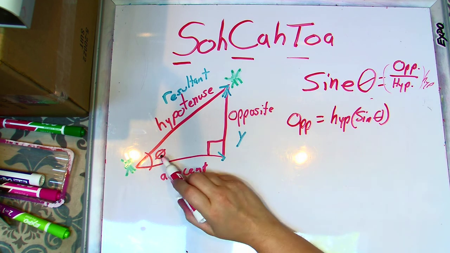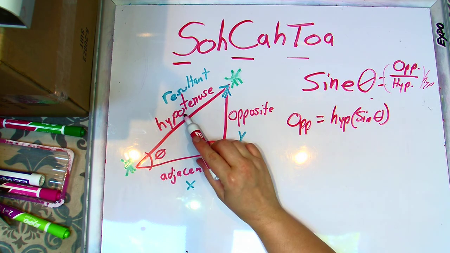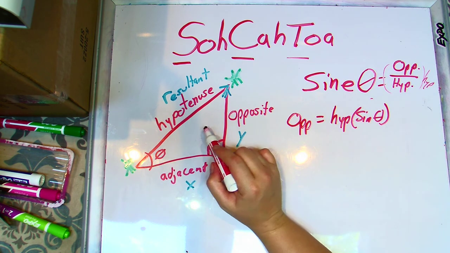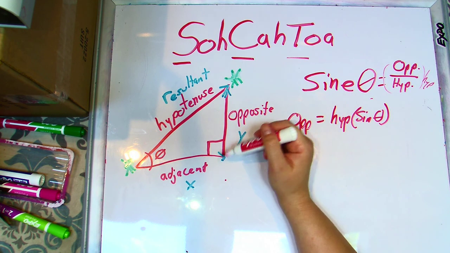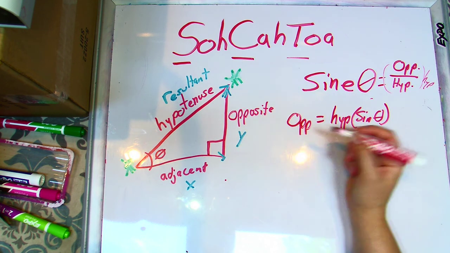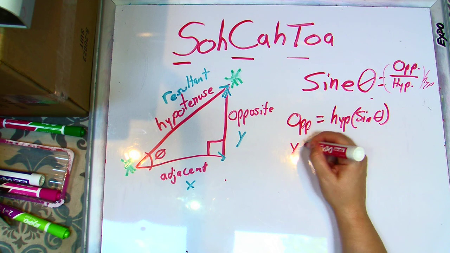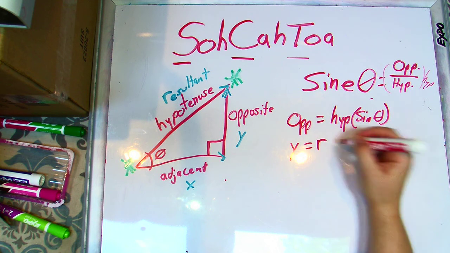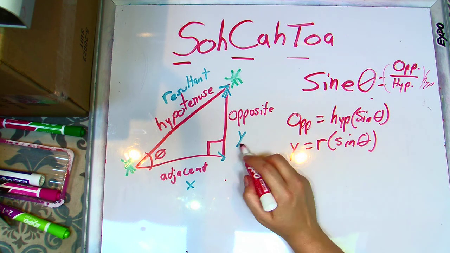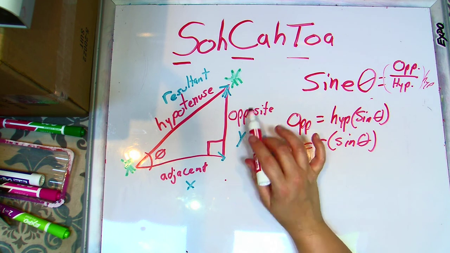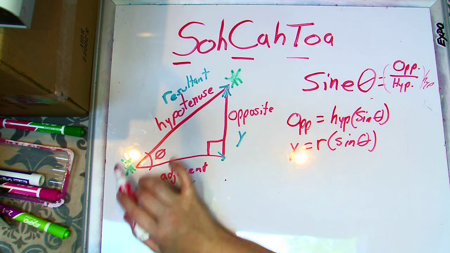So if I know the angle and I know the resultant, I can figure out the length of this side. So how much was the vertical displacement? You can also think of that as y equals r times sine theta. Because y is the vertical displacement, r is the resultant.